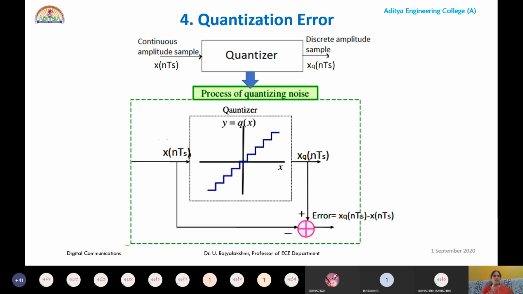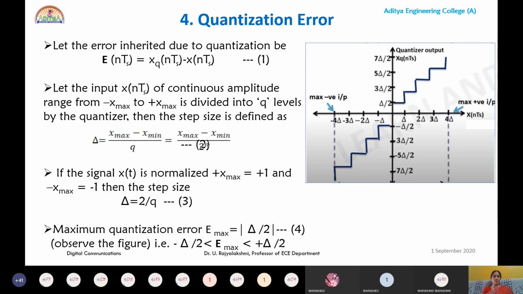Let us represent the quantization error with the letter E. What is E? E of nTs is equal to xq of nTs minus x of nTs.